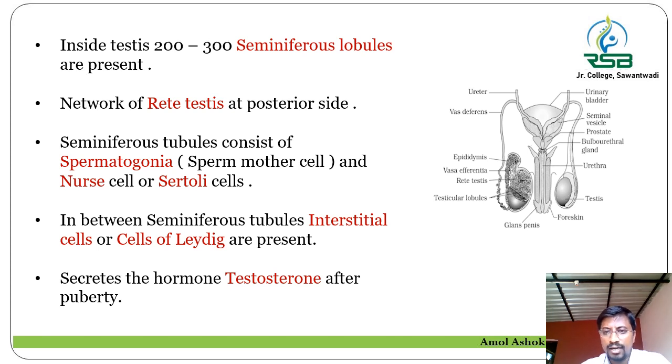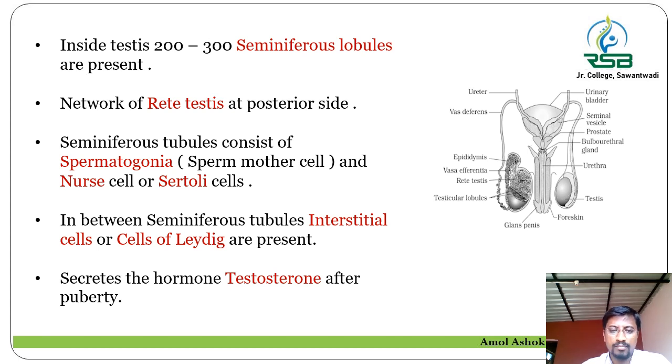In between the adjacent seminiferous tubules there are interstitial cells or the cells of Leydig, which play a significant role, as they develop the male reproductive hormone after puberty in males, that is testosterone.